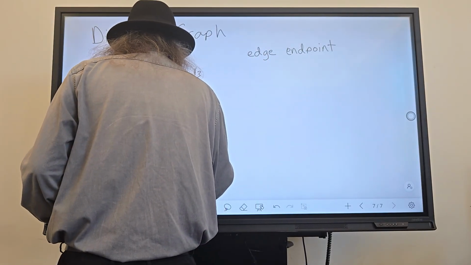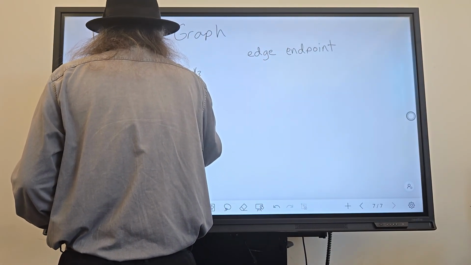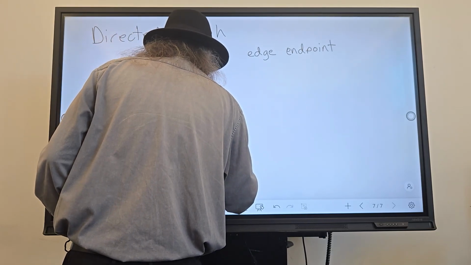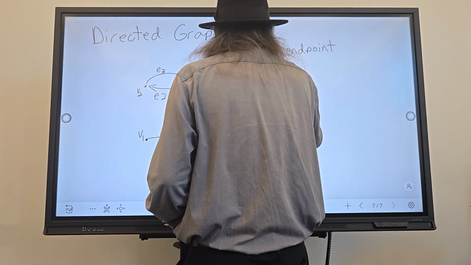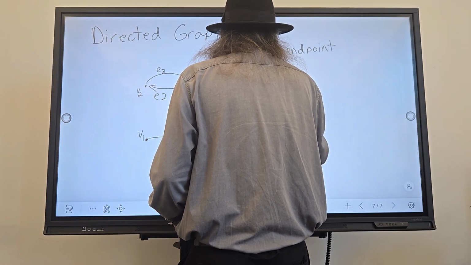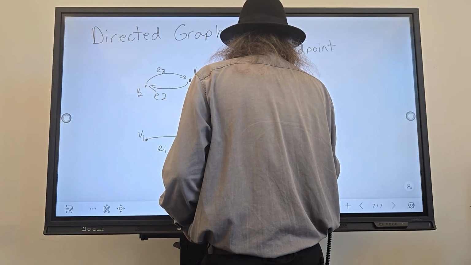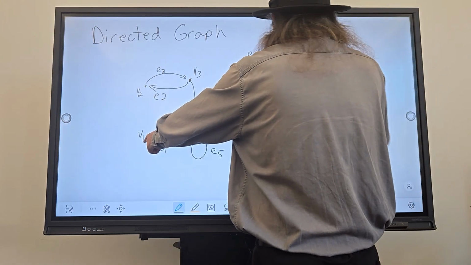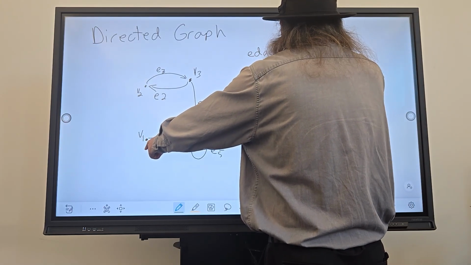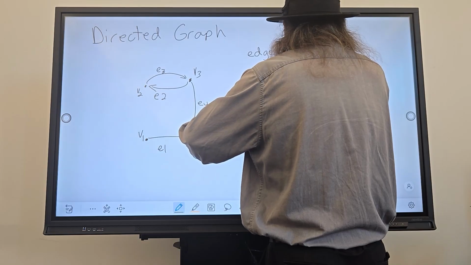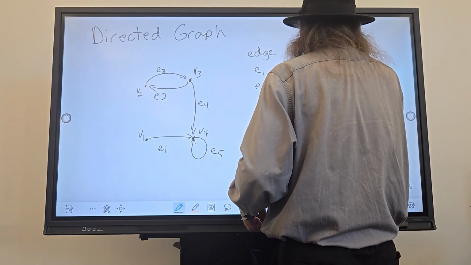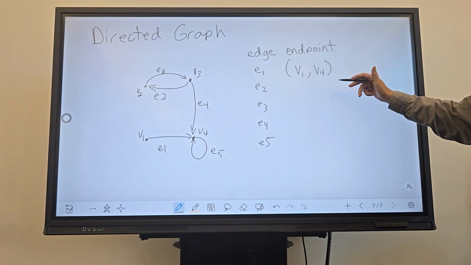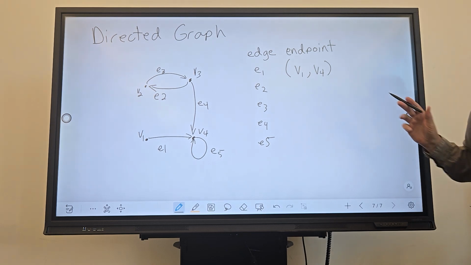It's just E1, E2, E3, E4, and E5. E1 is the ordered pair V1, comma, V4. It's an ordered pair with parentheses rather than the curly braces. Okay?